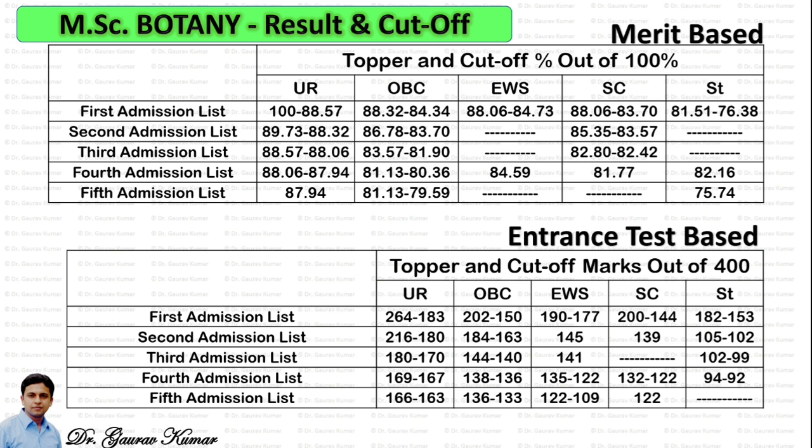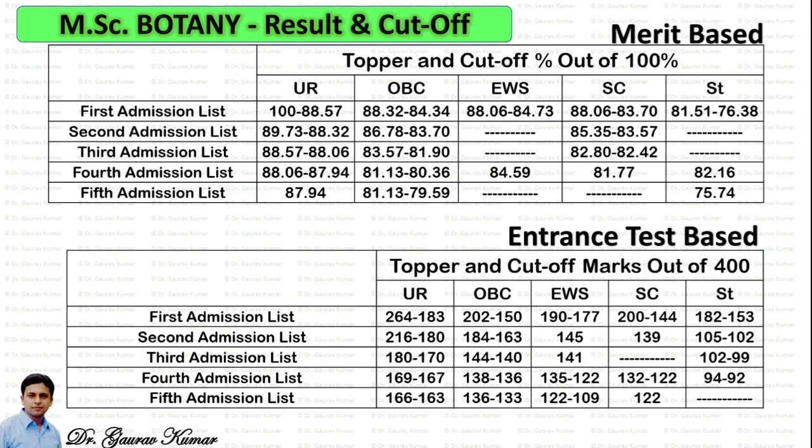In the entrance test based marks, you can see there were again 5 admission lists, and the topper got 264 marks. In the first admission list, the cutoff in the unreserved seat was 264 to 183, and then there were respective cutoffs in OBC, EWS, SC and ST categories also.